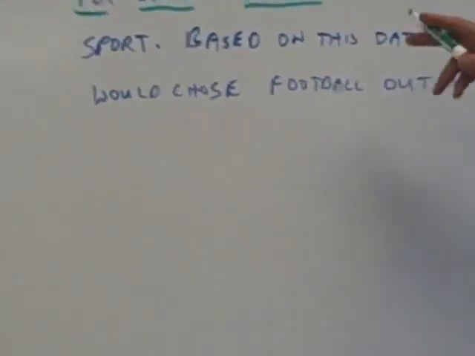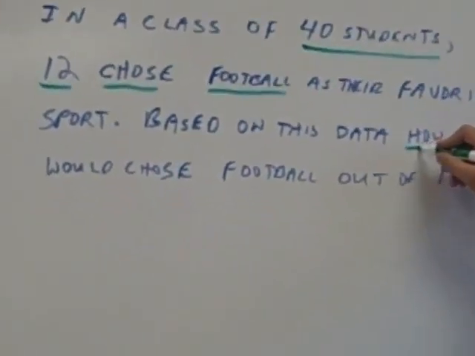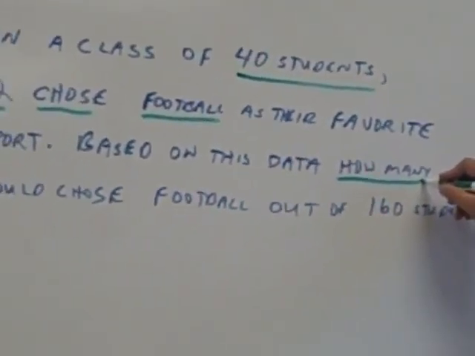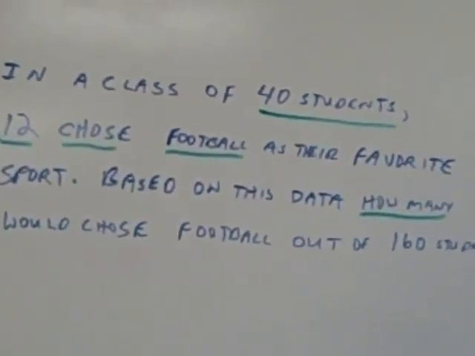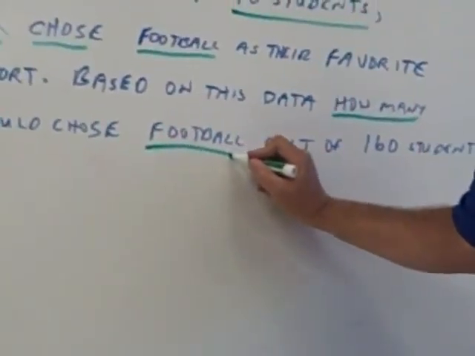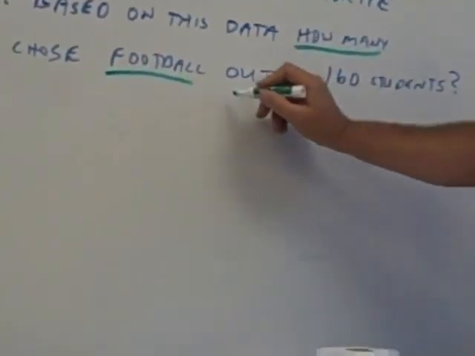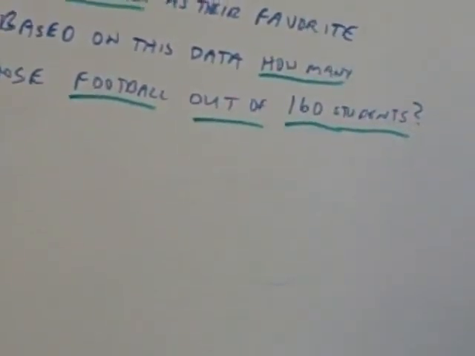Based on this data. How many? Oh, there's the question. How many? That's our math question, isn't it? We're looking for how many. How many football out of 160 students. So there's our math.